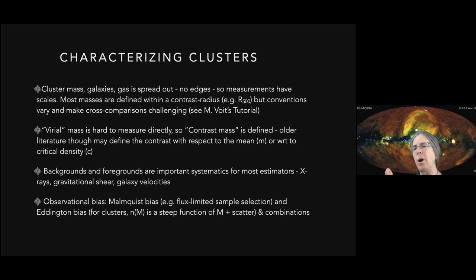So the number density of clusters drops like a rock, exponentially with mass. So the higher the mass, the more rare a cluster is. And if your mass measurement has an uncertainty, which it always does, then your lower mass objects scatter into your higher mass bins.